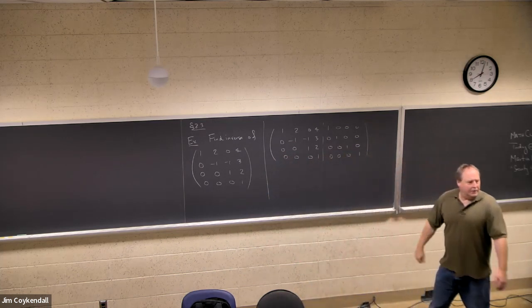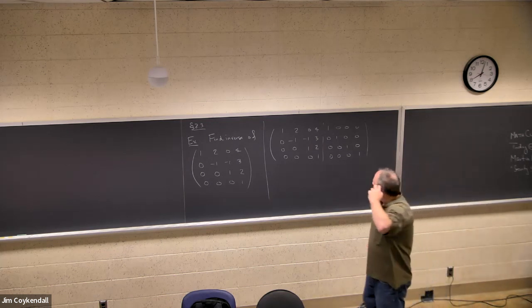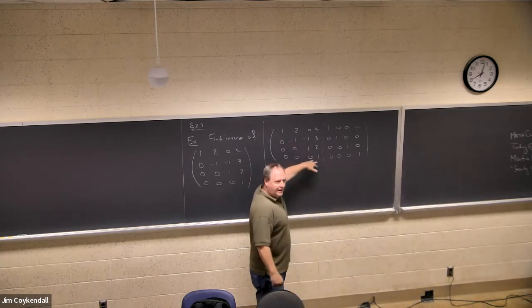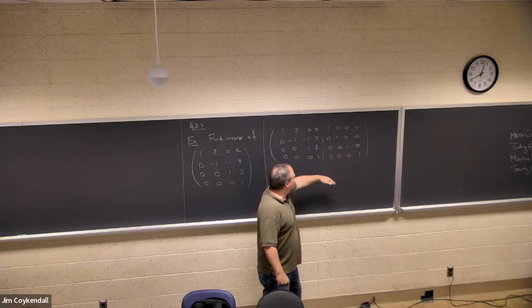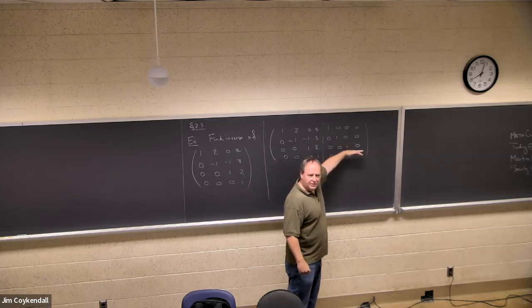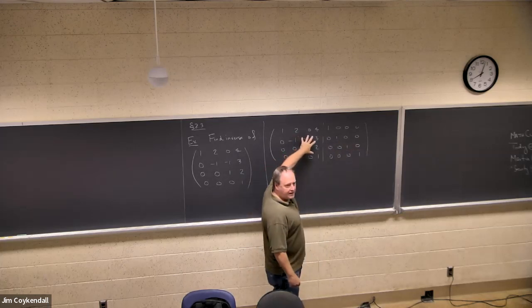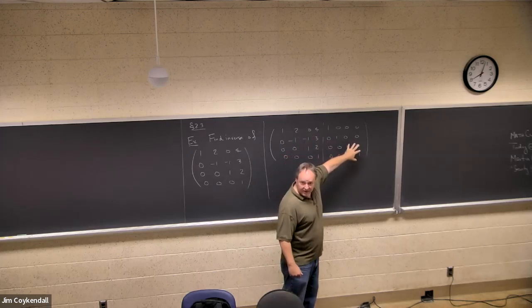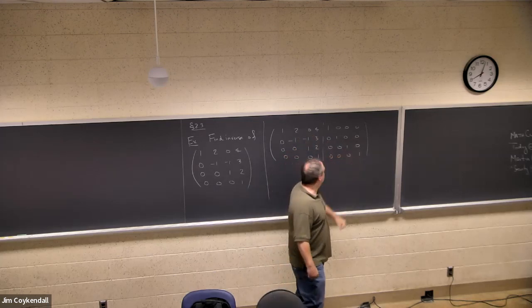Now, here's the procedure. If you remember, I took this thing over here on the left and tried to reduce it to the identity matrix, and it does some stuff to this. When I'm done, I get the identity matrix over here, and I should have the inverse neatly waiting on the other side.